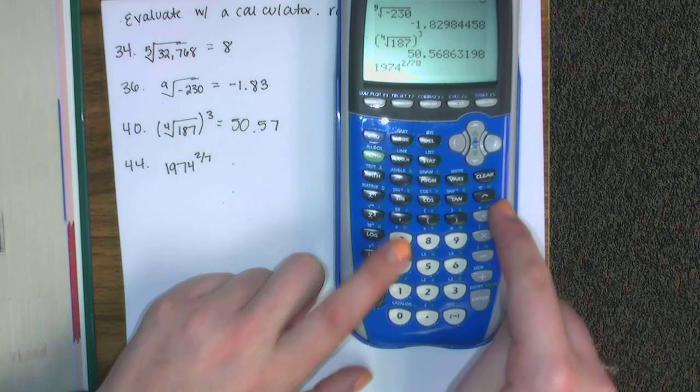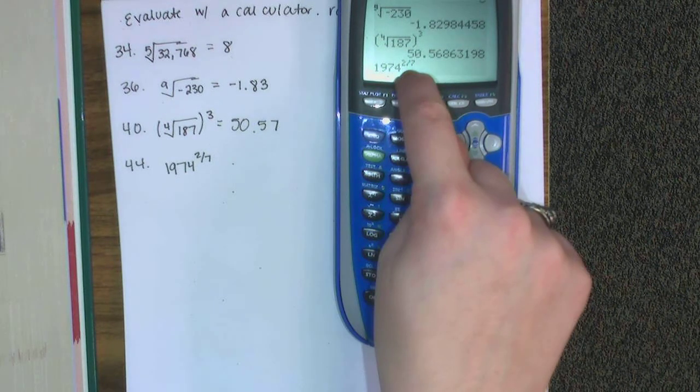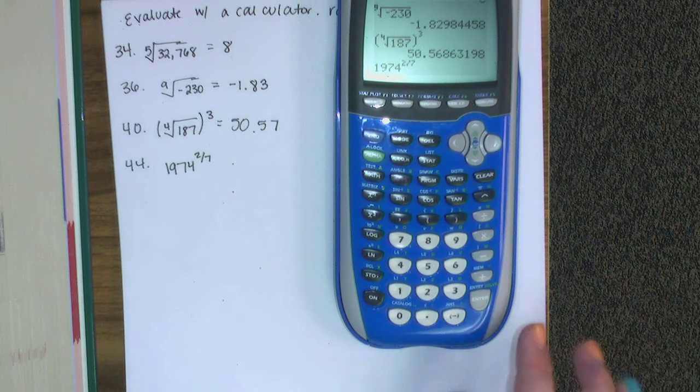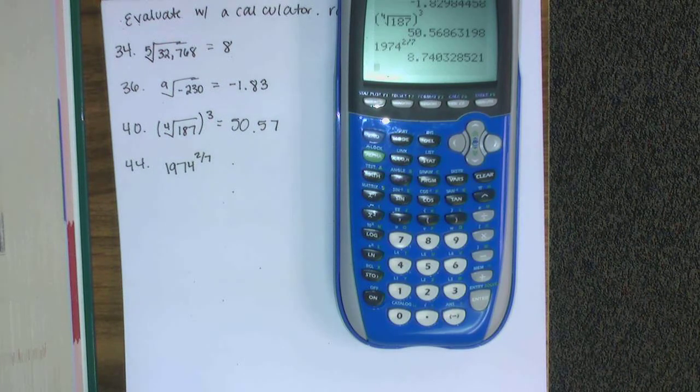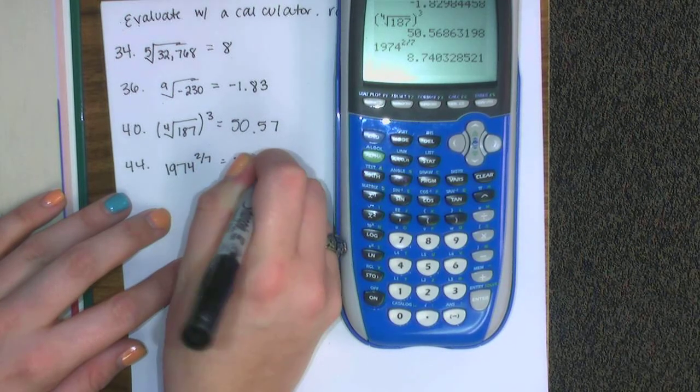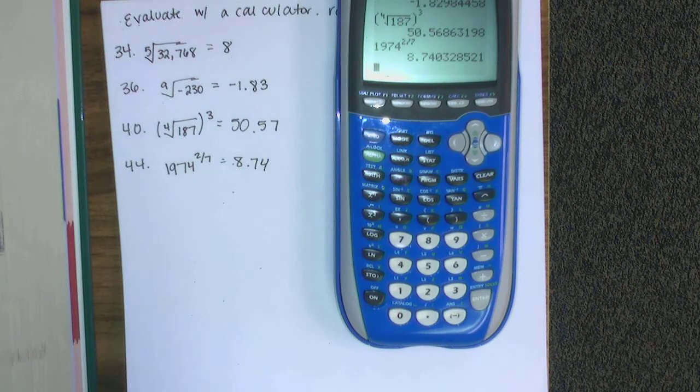Notice it actually will do it for you, so 2 over 7, and then hit enter, and that gives us 8.74, and that would be our answer for that one.